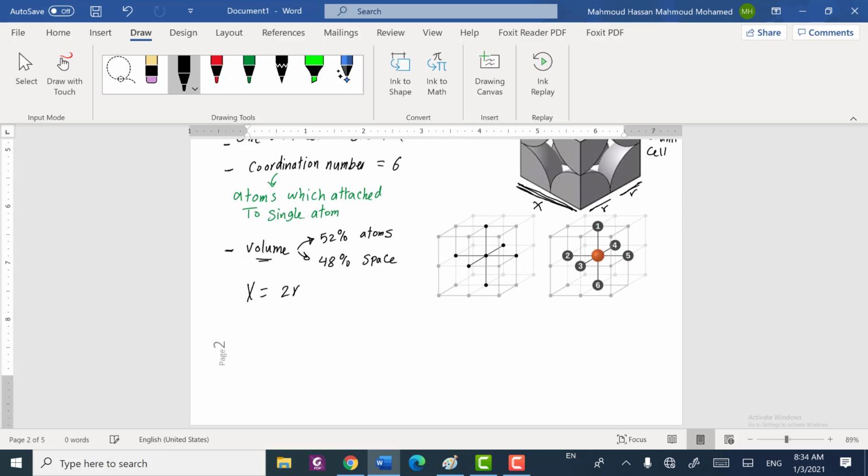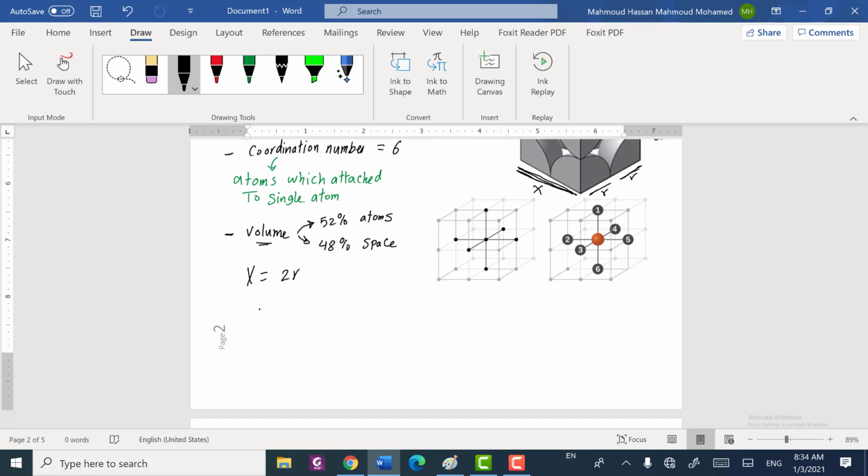Let's calculate the volume. Volume of atom in unit cell divided by the volume of the cube.